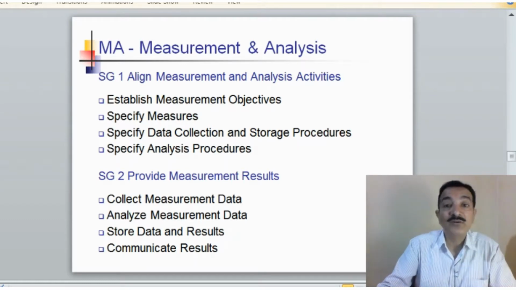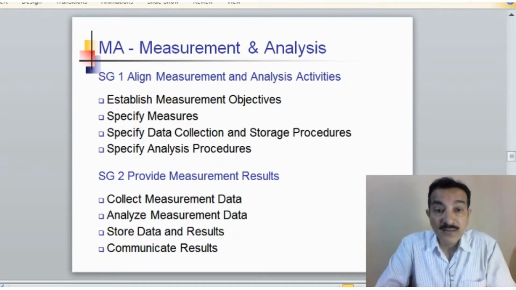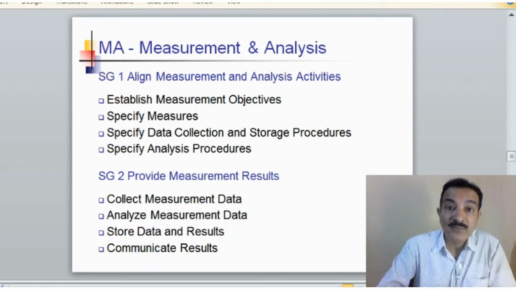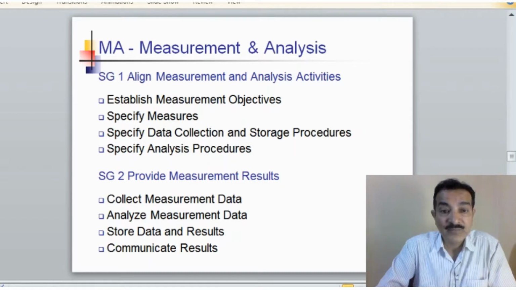The third process area is measurement and analysis. The specific goal of measurement and analysis is align measurement and analysis activities to the process, basically.